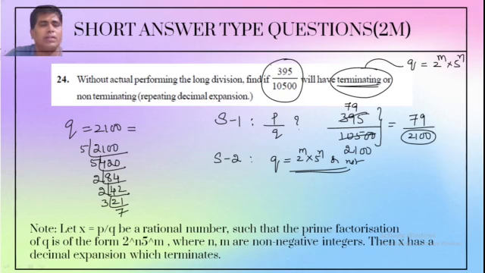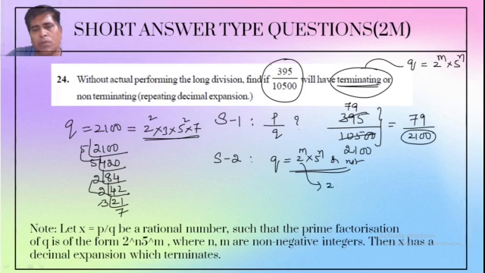So 2100 is the combination of 2 power 2 into 3 into 5 power 2 into 7. But when writing the denominator, we have to write only in terms of pure 2 power m, or pure 5 power n, or 2 power m into 5 power n, not other than this.